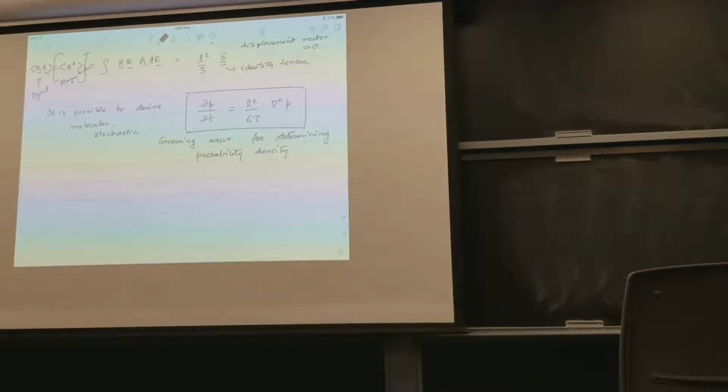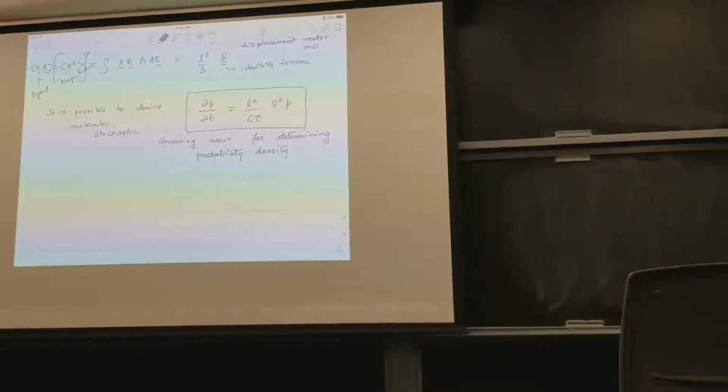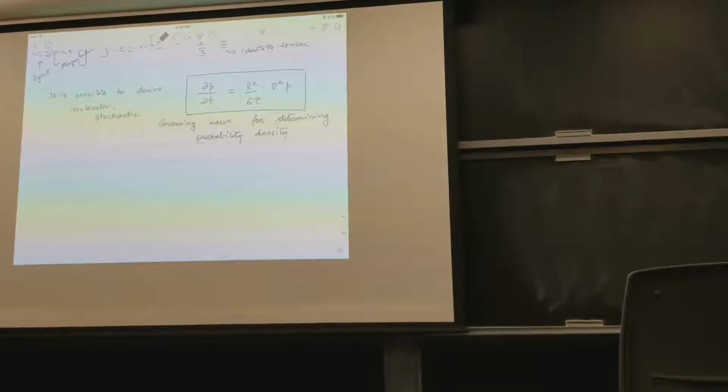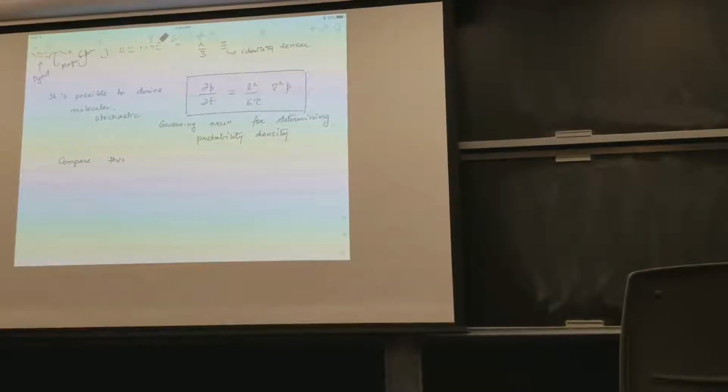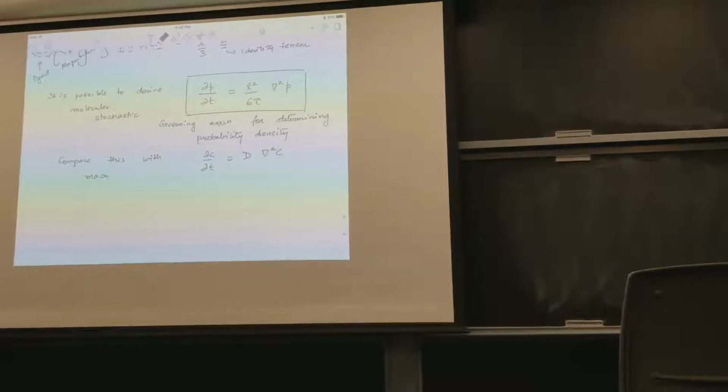Is that a P? Partial P, partial? So both of them are P. Probability. So that's your equation. So this is a probability equation. If you compare this with your diffusion equation, which is macroscopic, which actually was established even before people believed there were molecules, and this is a deterministic viewpoint.